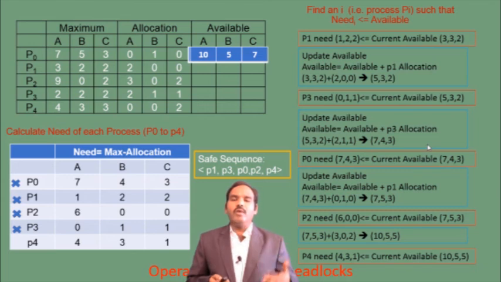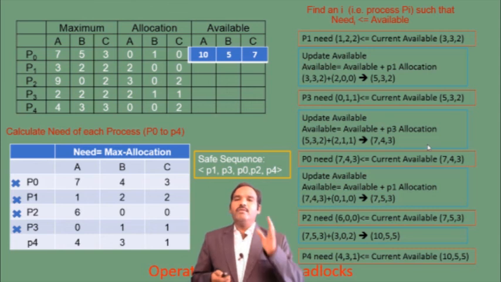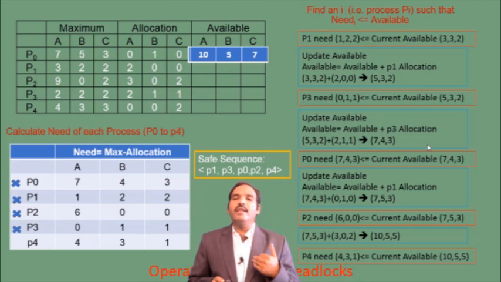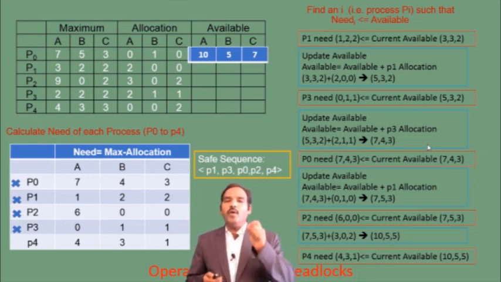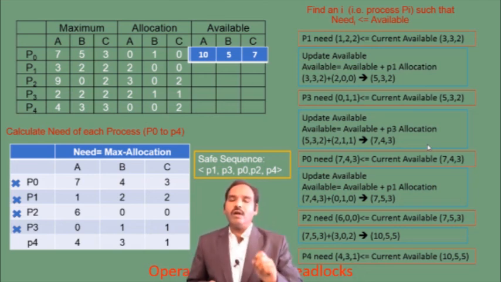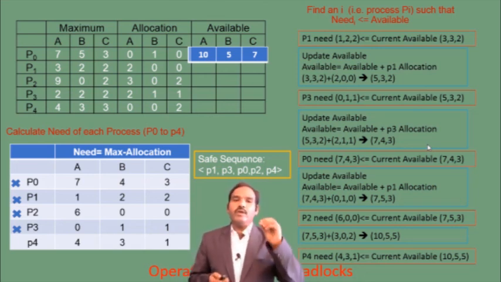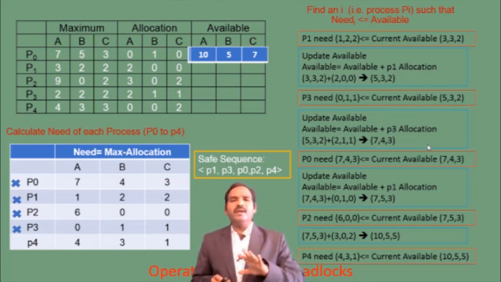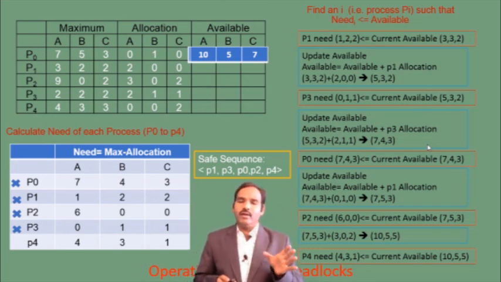The order for the allocation of resources for this problem is first P1, then P3, then P0, after that P2, finally P4. If you follow this order of allocating resources for the given data, definitely you can avoid a deadlock.